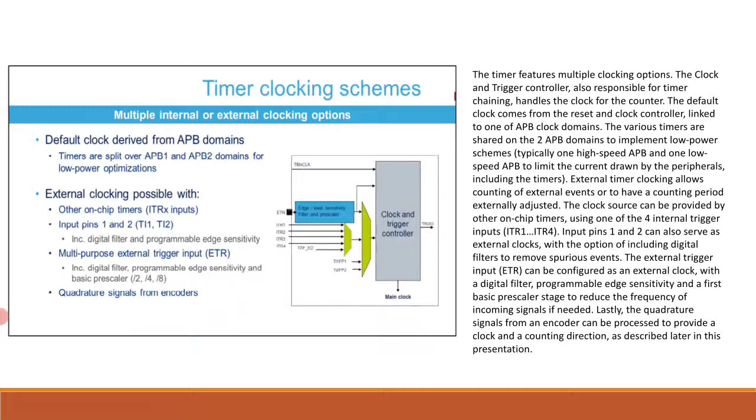Lastly, the quadrature signals from an encoder can be processed to provide a clock and counting directions, as described later in this presentation.